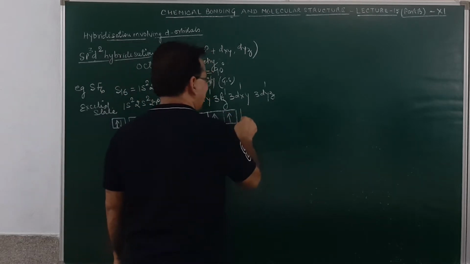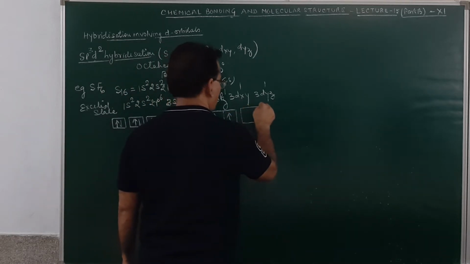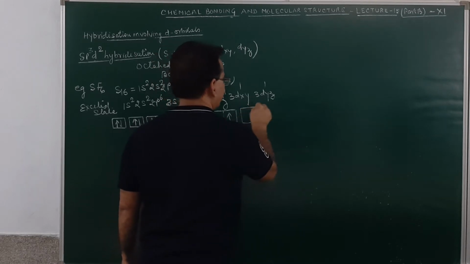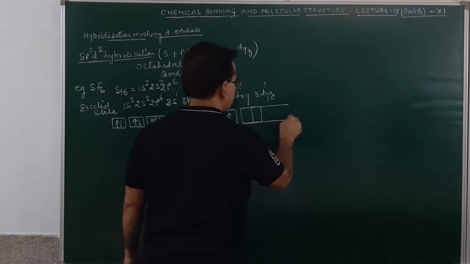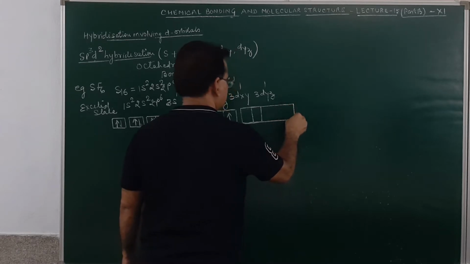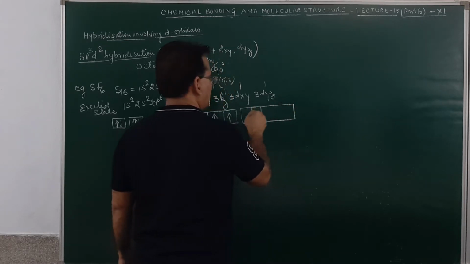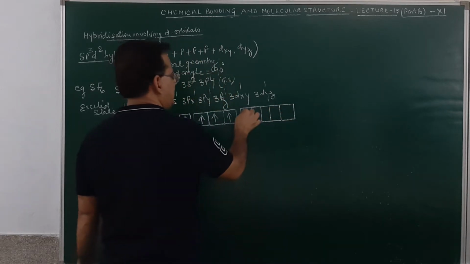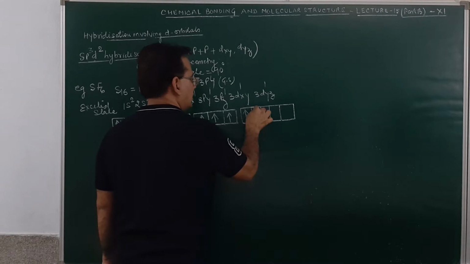Then we have 3d. There will be 5 orbitals of d: one, 2, 3, 4 and 5. This is one and this one.